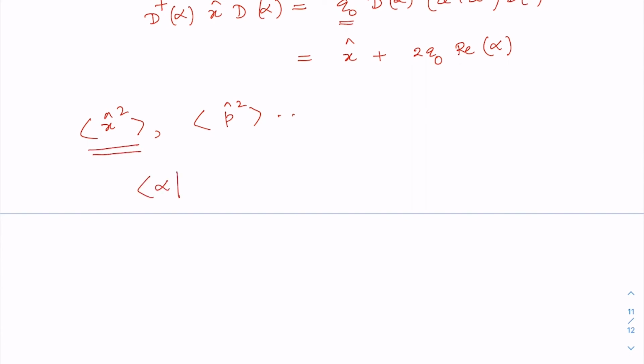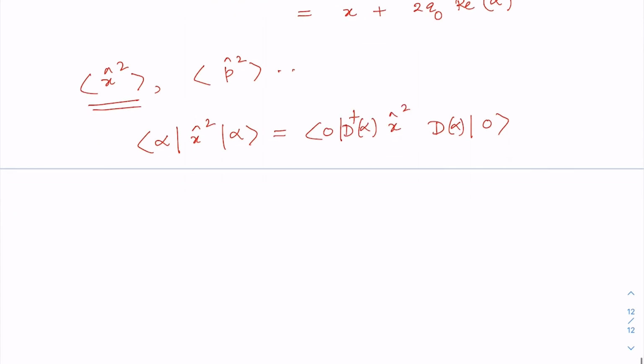In the coherent state I just have to utilize the fact that these coherent states are displaced ground states, so I can just write it as d alpha here, and this would be d dagger alpha, and then in between I have x square here. Now because of these properties, I can send x to its identity operator here, that would be d alpha. Then let me put here d dagger alpha x d alpha.